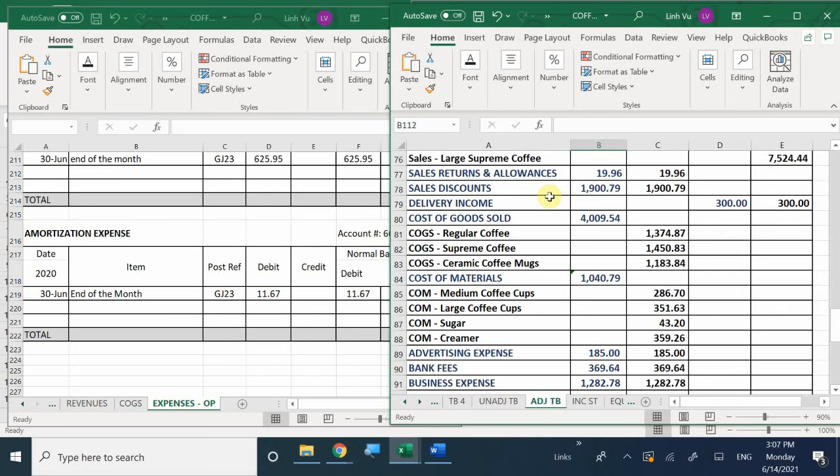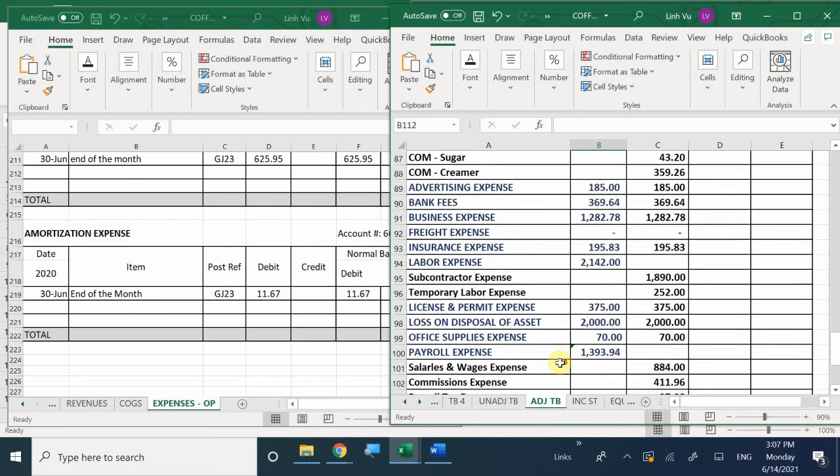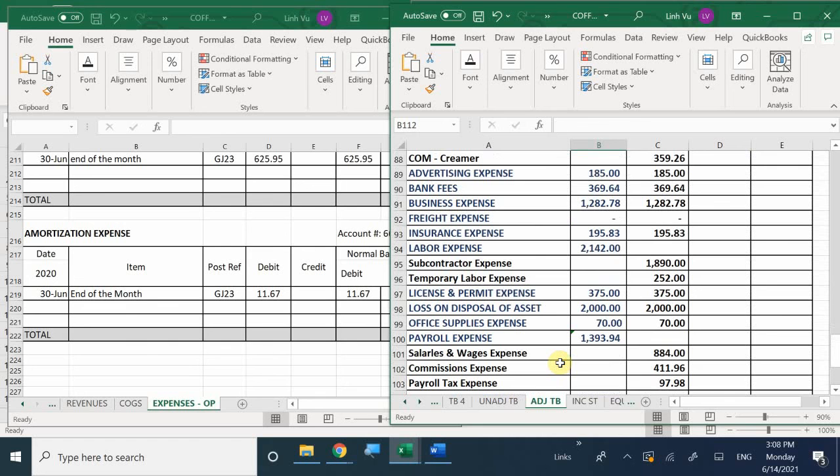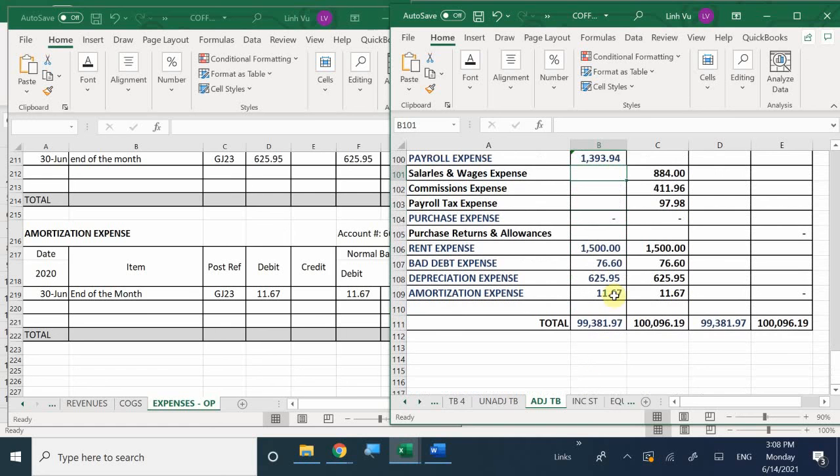Equity. Oh, 1878. Scroll down just a little bit more. Okay, right there.